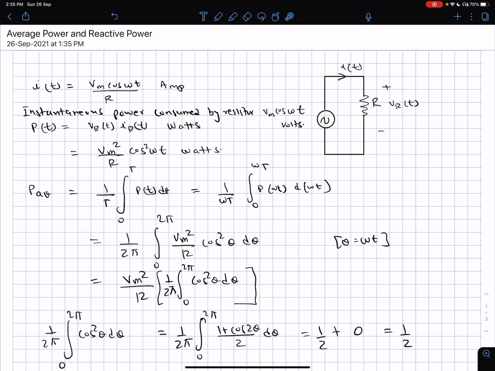So now we know that V is Vm cos of omega t, I is Im cos of omega t.